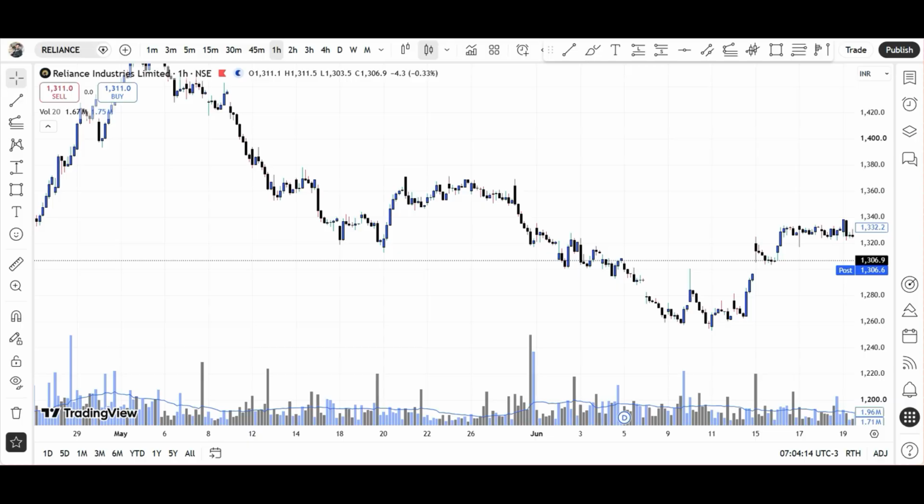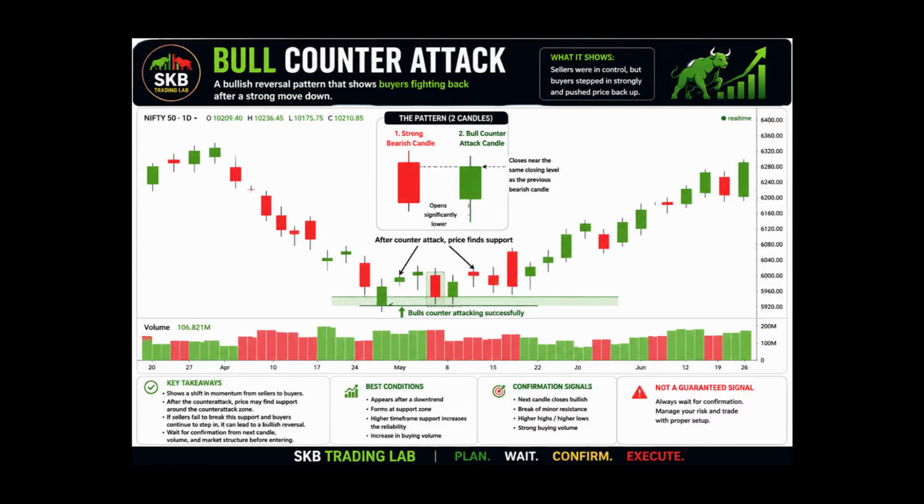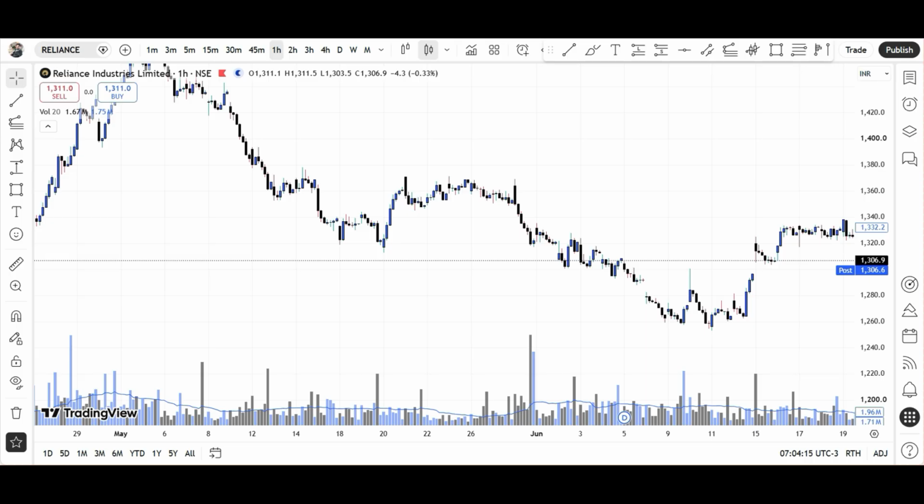We have two types: Bull Counterattack, Bear Counterattack. Let's start with the bullish version. Bull Counterattack. What is a bull counterattack? A bull counterattack generally appears after a downtrend. The market has been moving lower and sellers are in control. We then get a strong bearish candle.